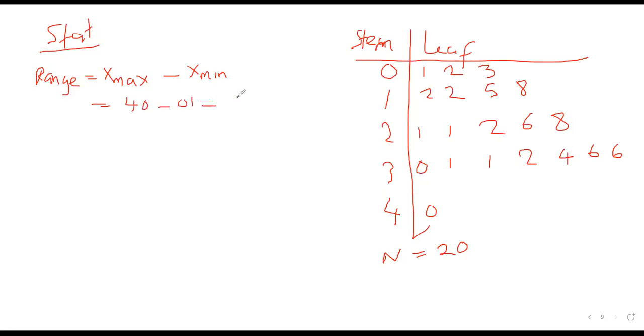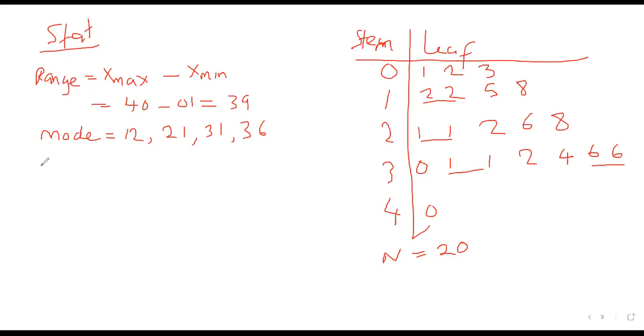What do we get? 39. Great. Then the mode is the most appearing number. Which numbers appear the most? 12, then 21, then 31, then 36. These ones are the highest, appearing twice.